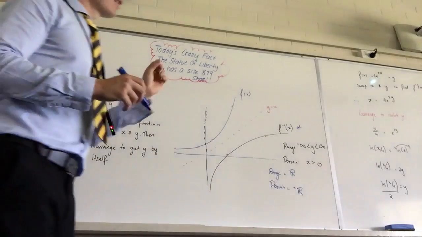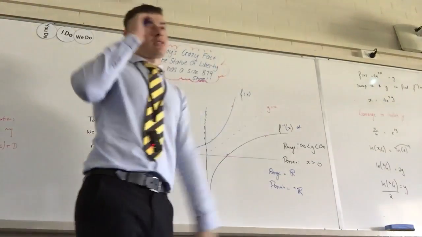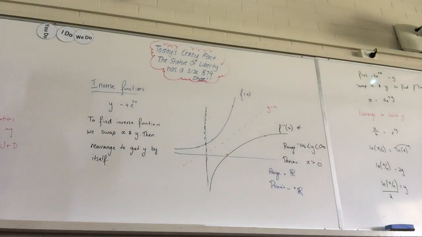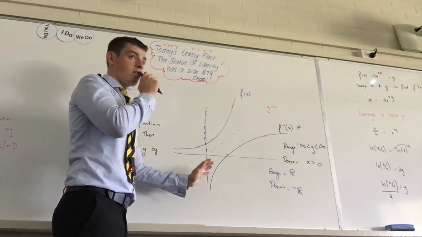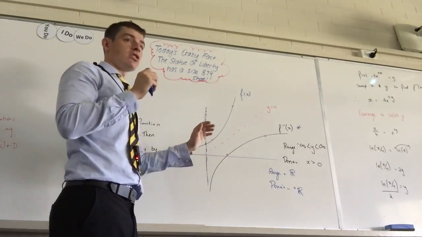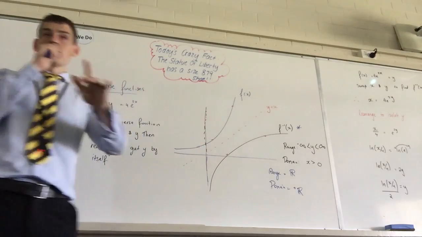What about if I had ln negative x? Well, that's not the domain. So negative x, what would that mean? Would the range change? The range would still be the same. What about the domain?